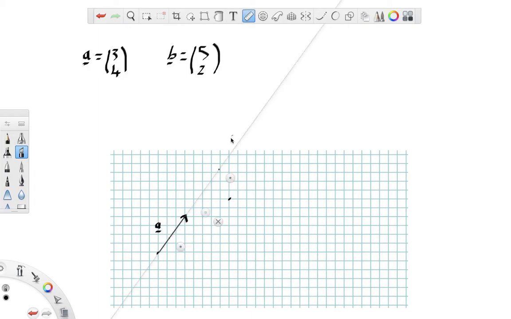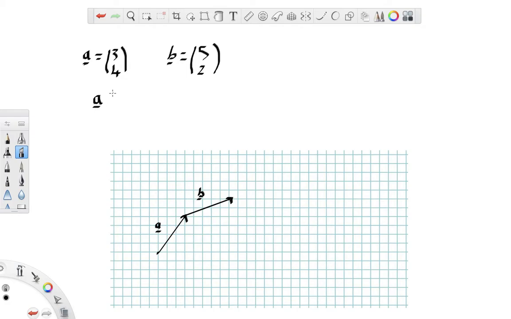So again, we'll draw that in, like that. So that's our vector B, like that.